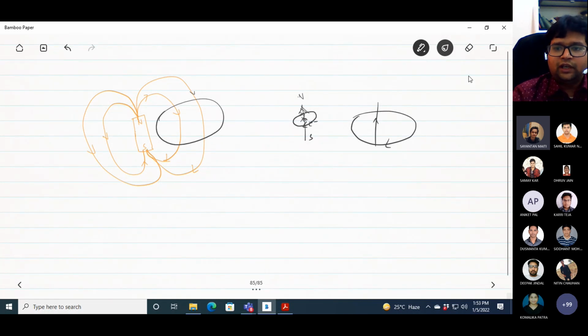This magnetic field is static in nature.